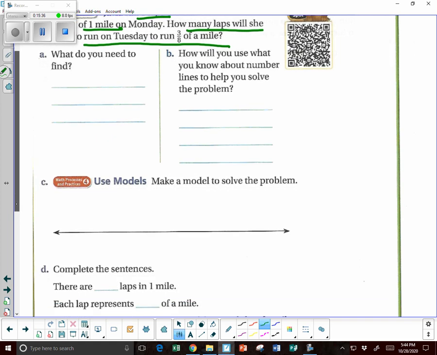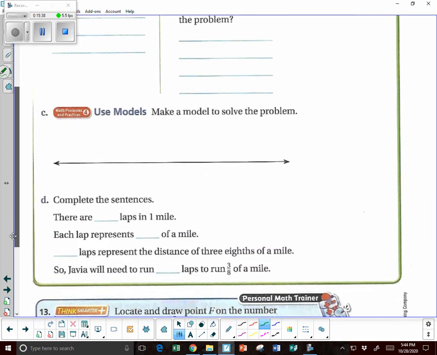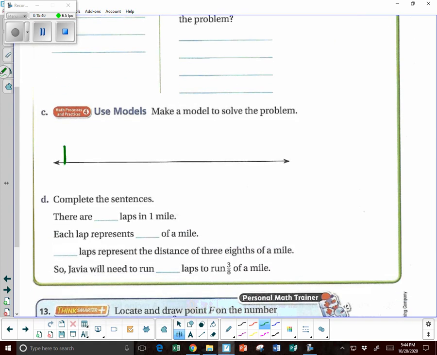So let's use the model to solve the problem. 0, 8. And then the entire mile was 8 laps, 8/8. Well, let me go ahead and break it up into 8s. 1, 2, 3, 4, 5, 6.